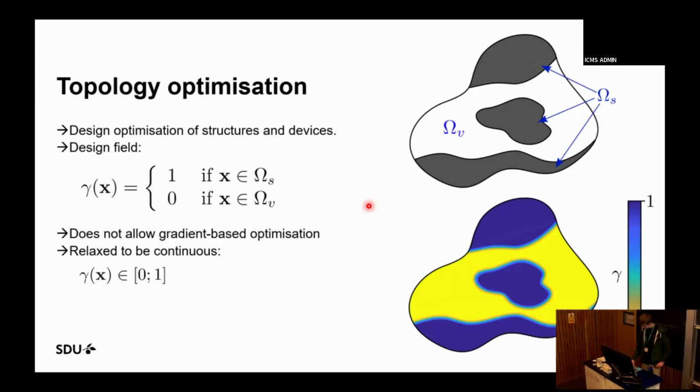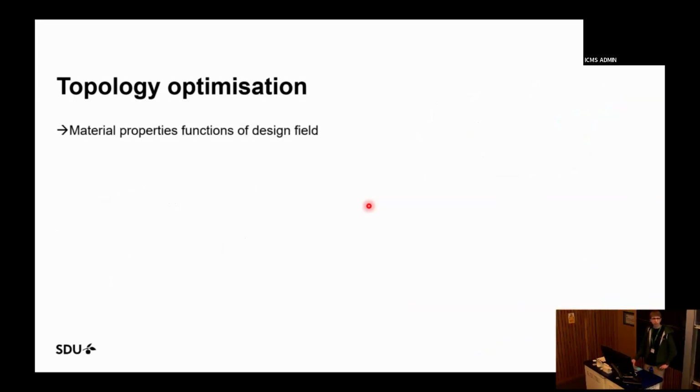And then what you do afterwards is that you set the material properties to be functions of this design field that you've defined. So, for example, in the context of heat conduction, what you do is that you take the conductivity and set it to be a function of the design field. So this ends up being the governing equation in the case of steady state heat conduction.